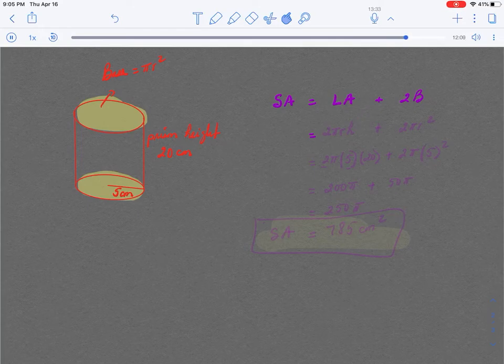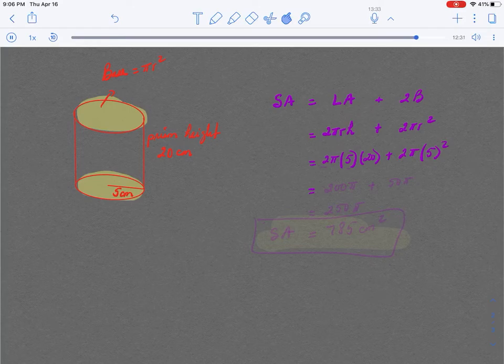So I'm going to have 2 pi r times h. The base in this case is pi r squared. So now I just need to substitute it in. Radius in this case is 5. My height is 20, plus 2 pi 5 squared.